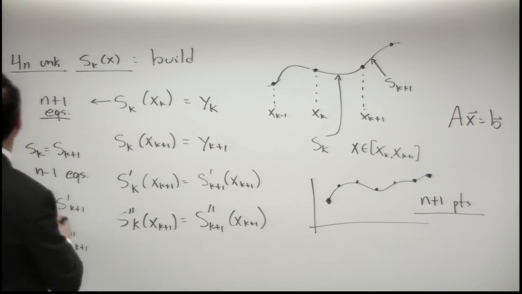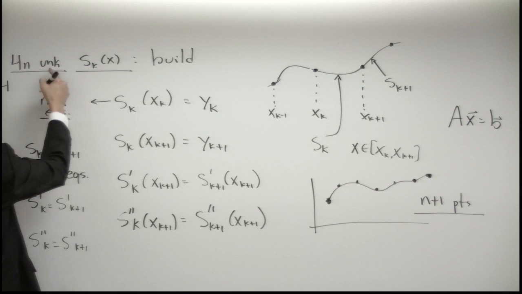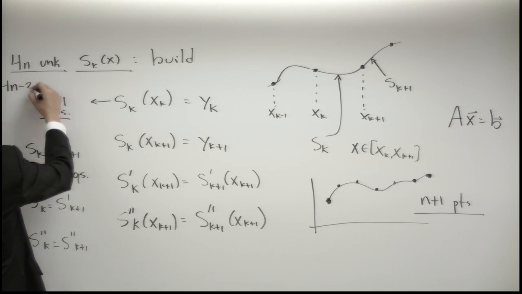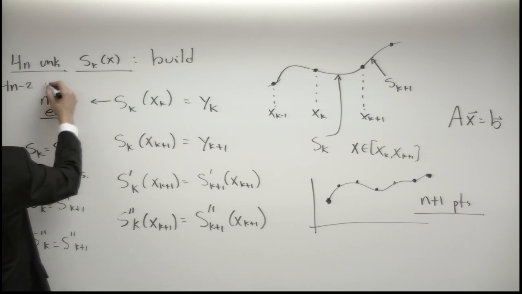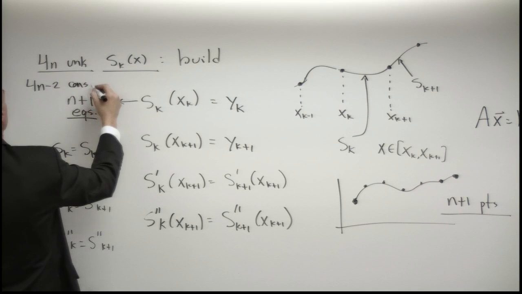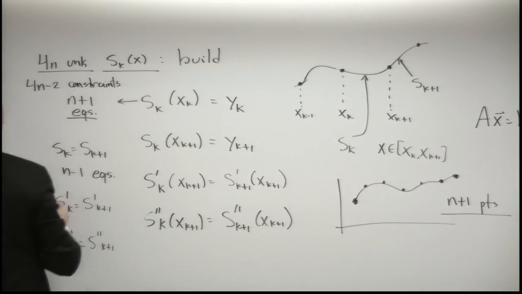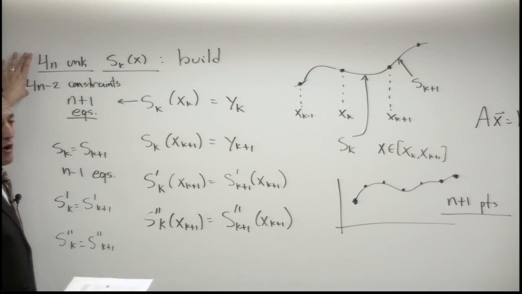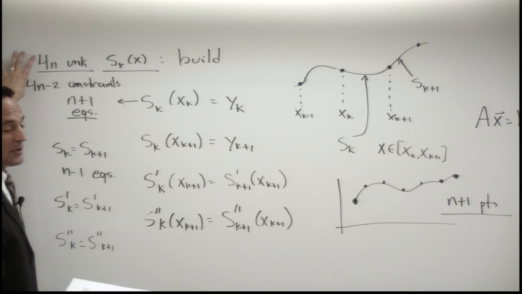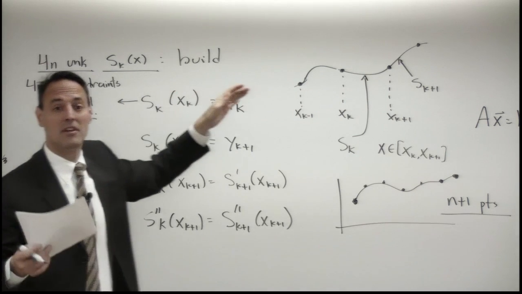So if you count up all these, you have 4n unknowns, 4n minus 2 constraints. So you're underdetermined. You have this many unknowns, and that many constraints minus 2. So the possibility exists of an infinite number of solutions.